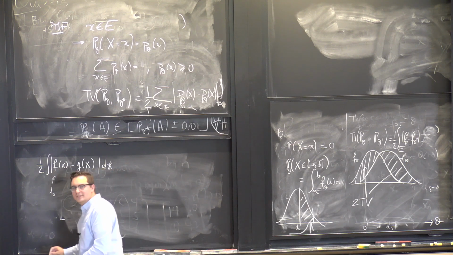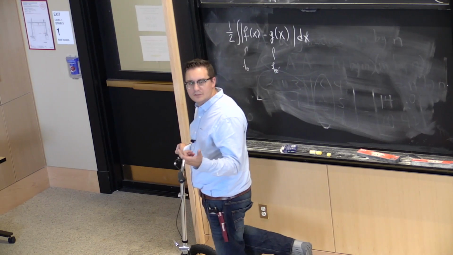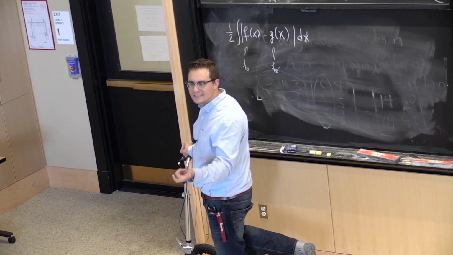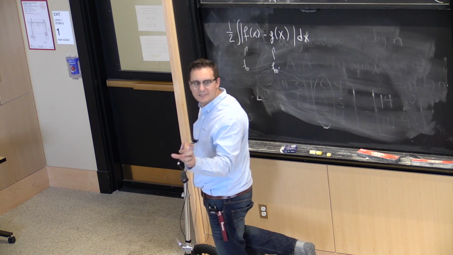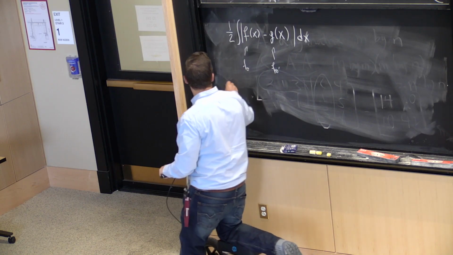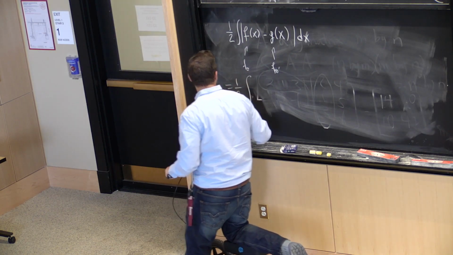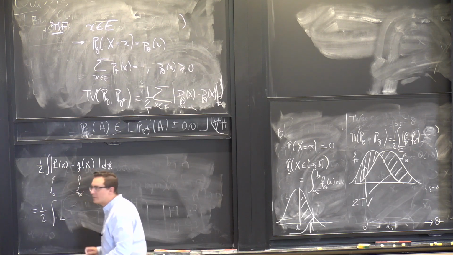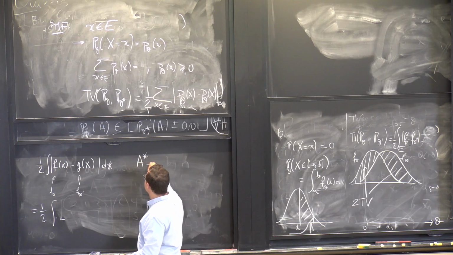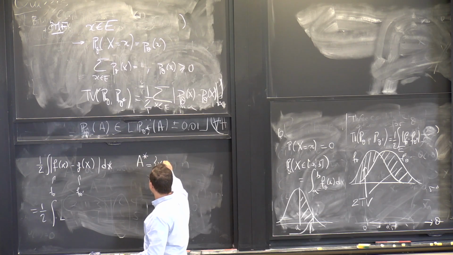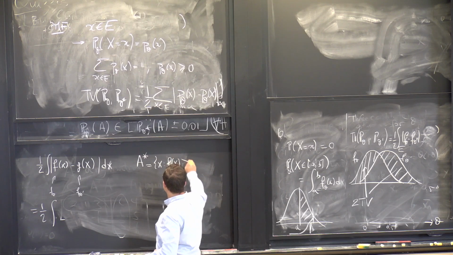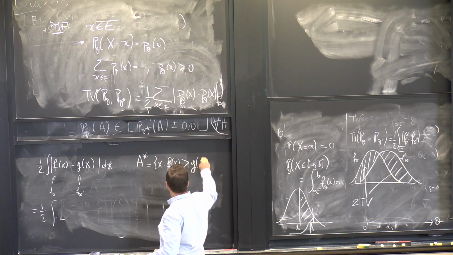The first thing I'm going to do is, this is an absolute value. So either the number in the absolute value is positive, and I actually kept it like that, or it's negative, and I flipped its sign. OK, so let's just split between those two cases. So this thing is equal to 1/2 the integral of, so let me actually write the set A star as being the set of x's such that f of x is larger than g of x.